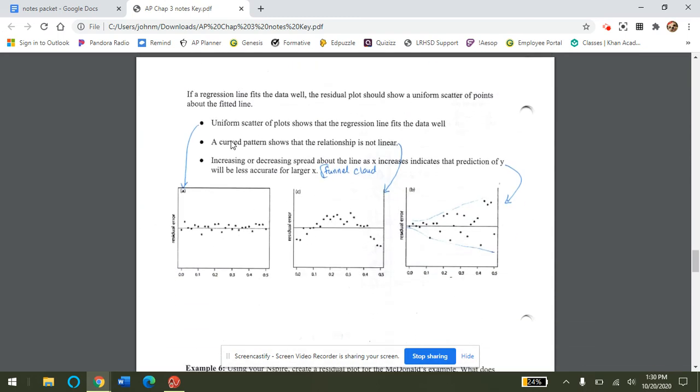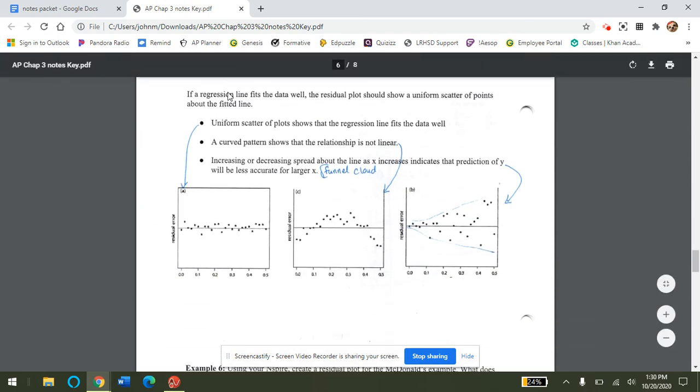If a regression line fits your data well, then your residual plot should show a uniform or even scatter of plot points about the line. Here, they're spread out above and below, a nice even scattering. That means that your original data was linear.